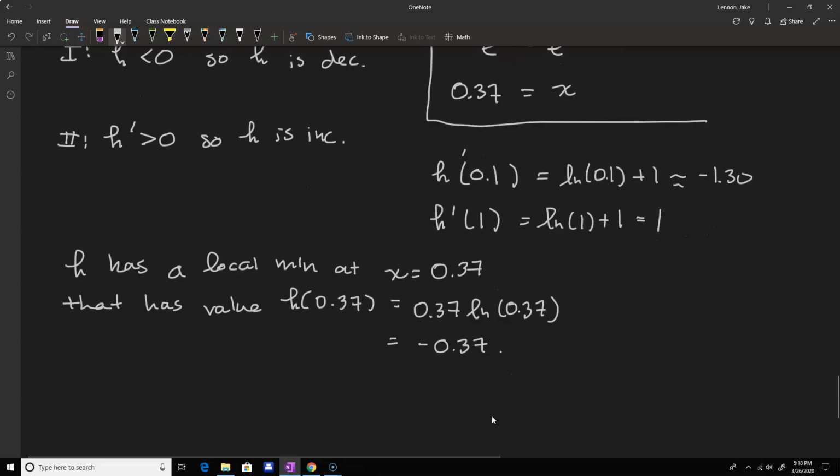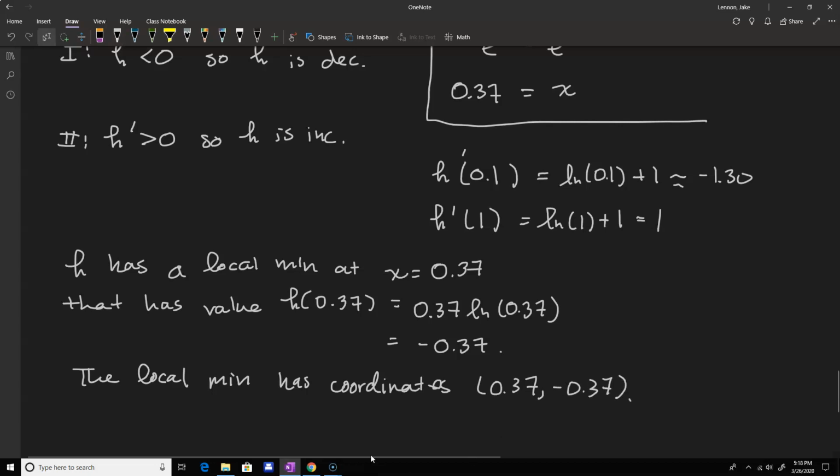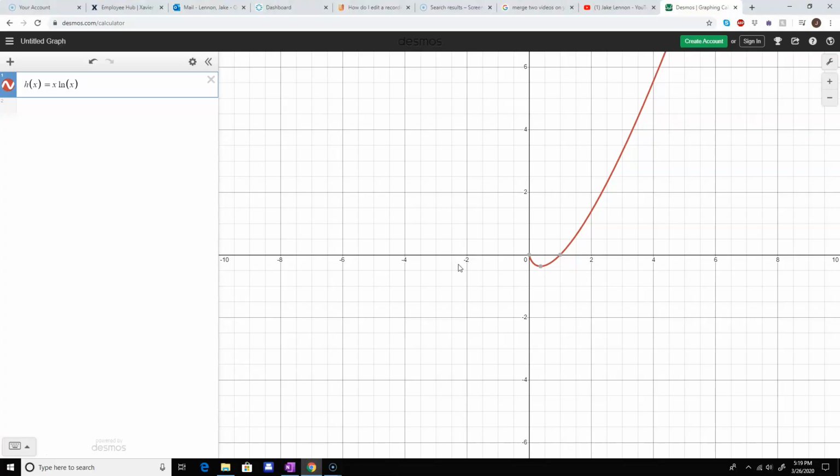So that tells us the local min has coordinates 0.37 comma negative 0.37, and that looks correct when we go back to our graph. So if we go back to the graph here, this is the bottom point, 0.37, negative 0.37. Again, they have a little more accuracy. They're using 3 decimal places rather than 2.